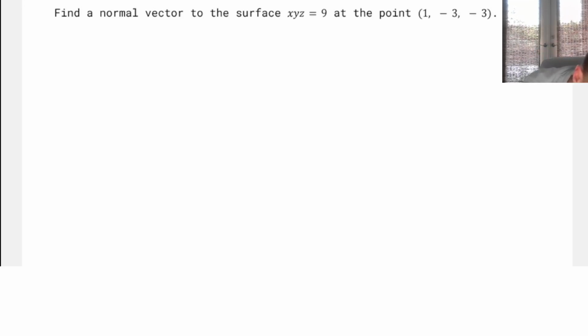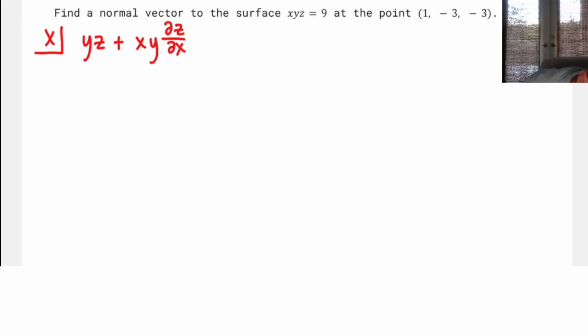I think that's going to be the way to go. So we're going to take the derivative implicitly with respect to x. It's a product because z depends on x. So take the derivative of x, leave yz the same, and then leave x the same while taking the derivative of yz, which would be y times dz/dx.